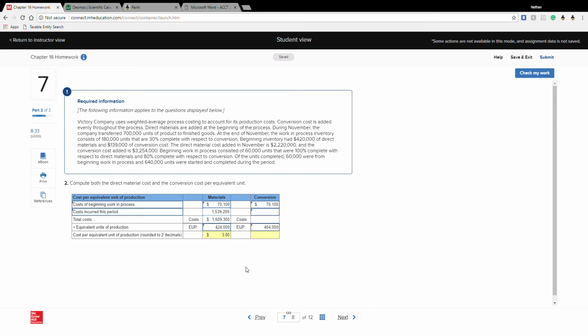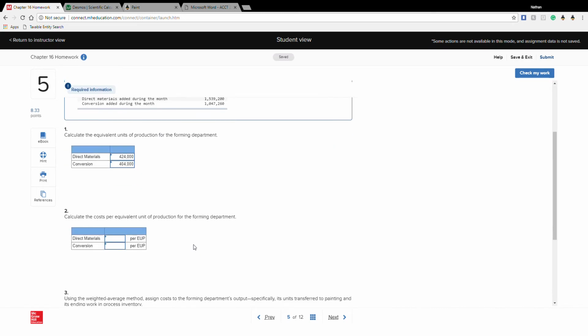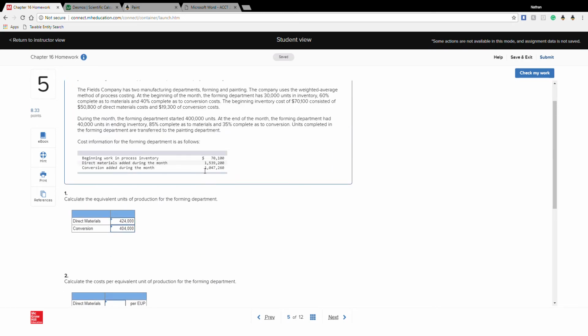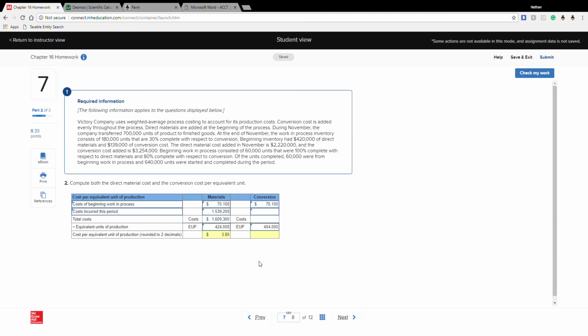We find out that our cost per material is $3.80. Well, let's now see on our conversion. Okay, conversion added 1,047,260. And boom, there we go. 380 and 277.